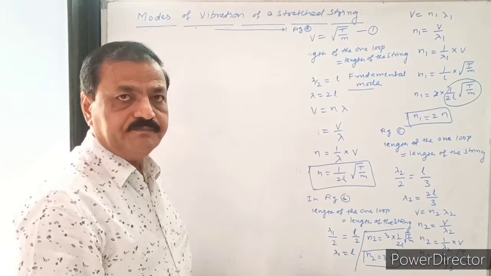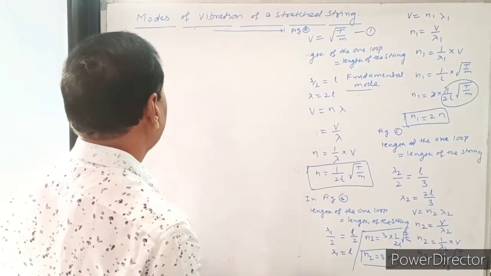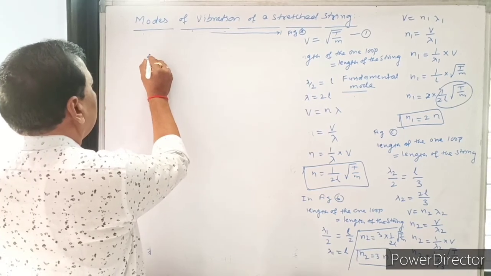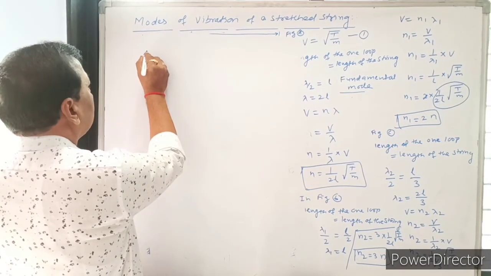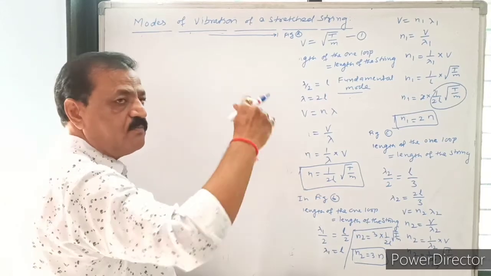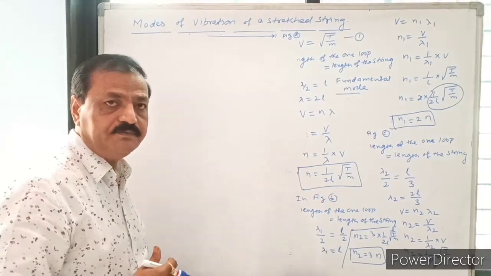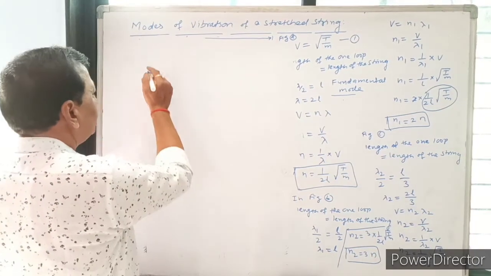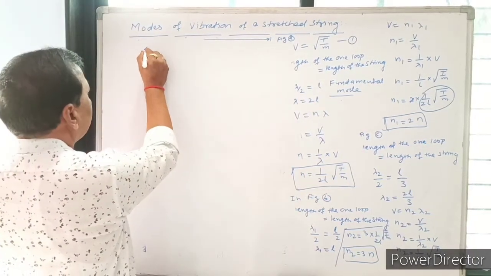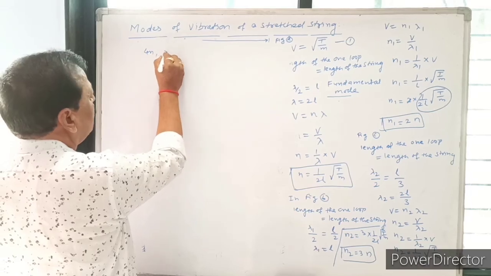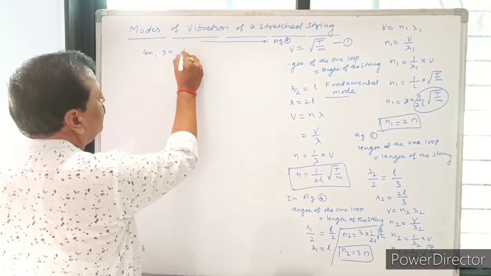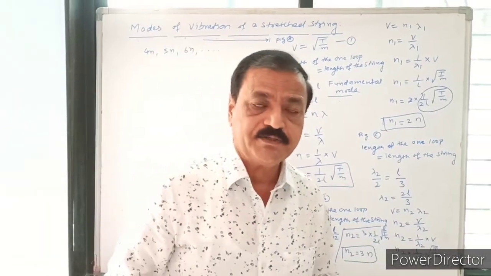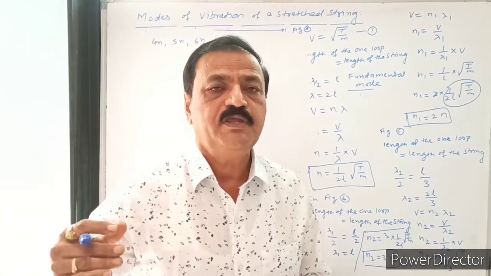The string can vibrate in higher frequencies, meaning the maximum number of loops is formed in the string. Such frequencies are 4n, 5n, 6n and so on.